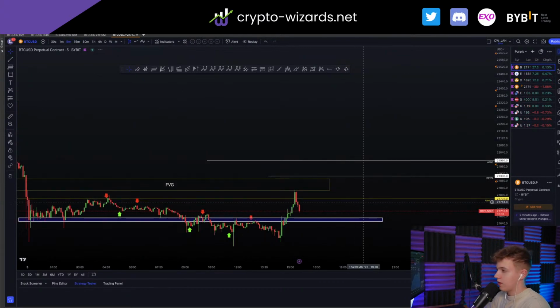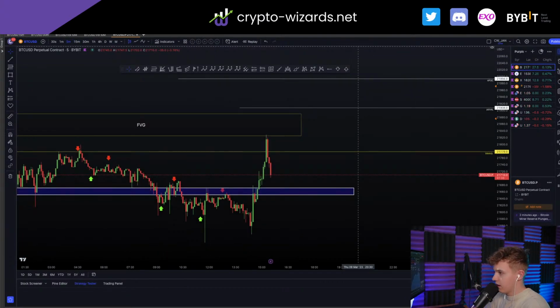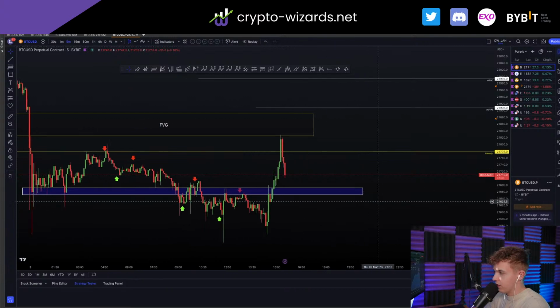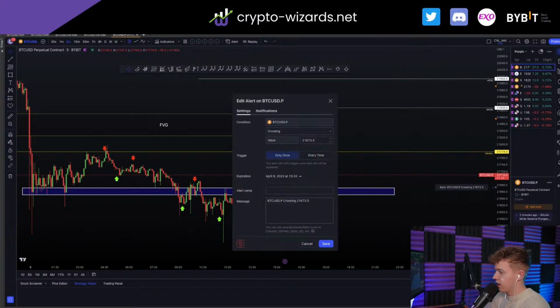All right, so we are getting the retest potentially on a BTC. This level needs to hold. If we lose this, then we are going lower most likely.